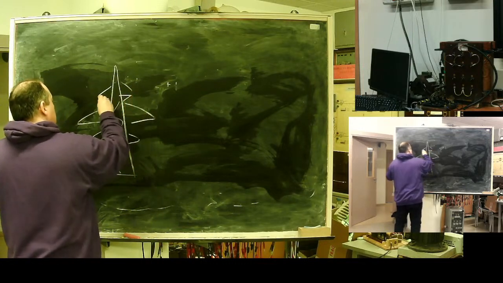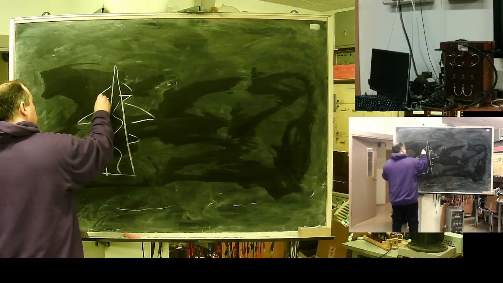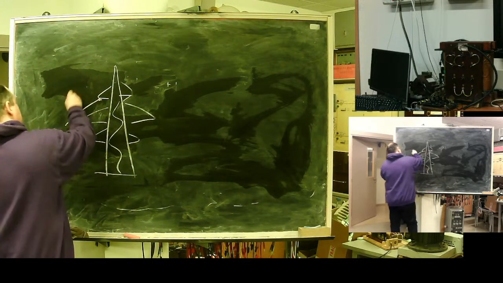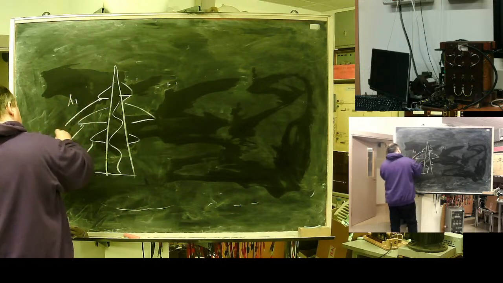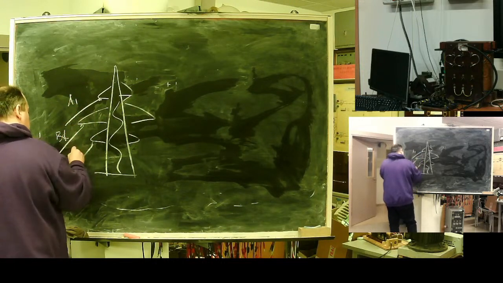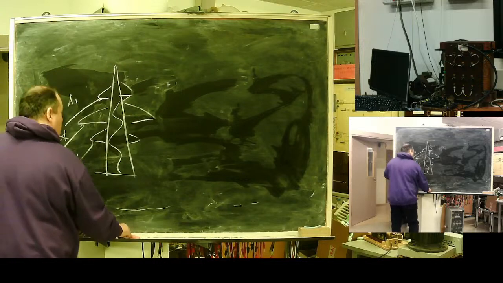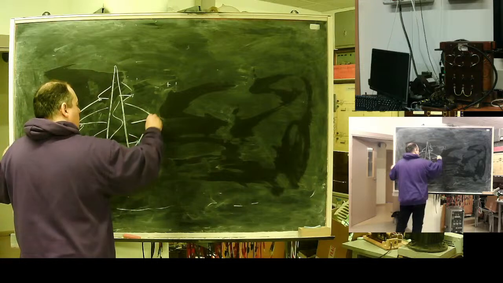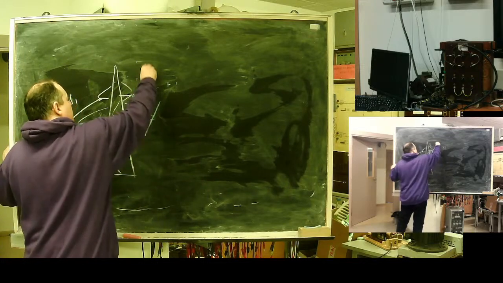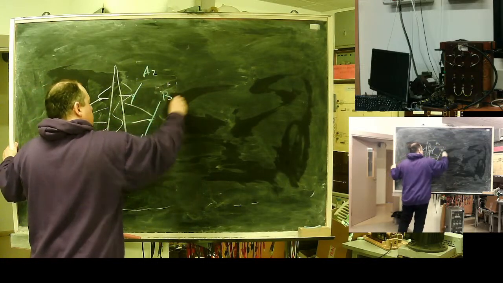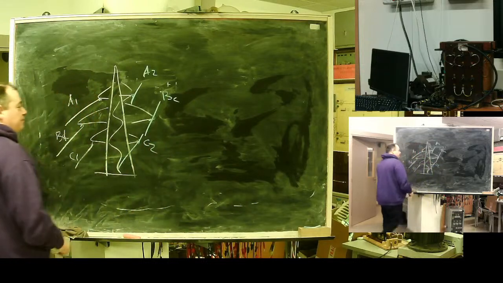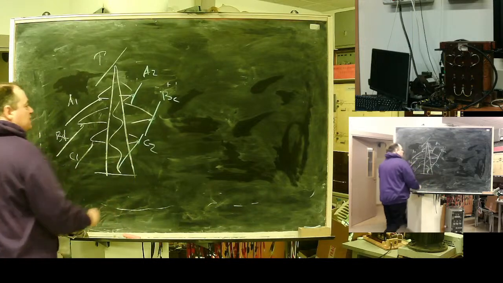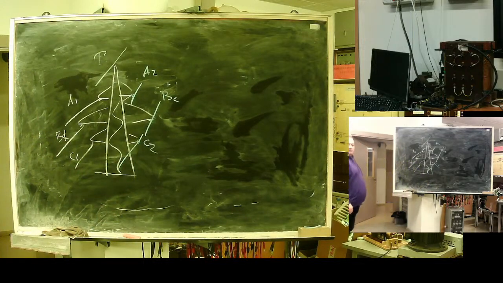Two lines sharing, for example, A1, B1, C1, and on the other side we have A2, B2, C2, and a protective cable on the top.